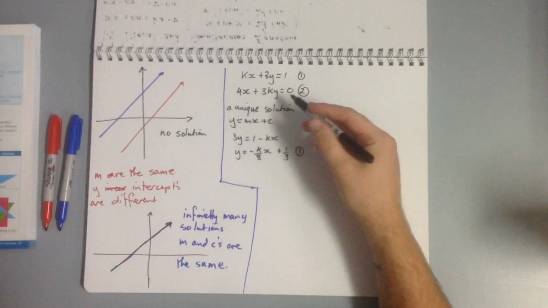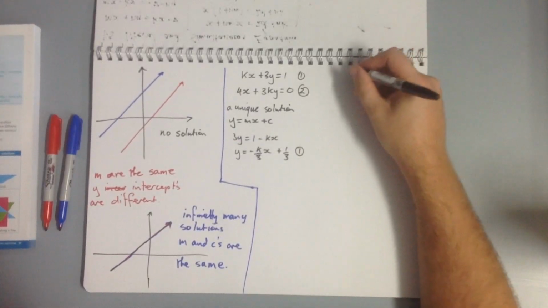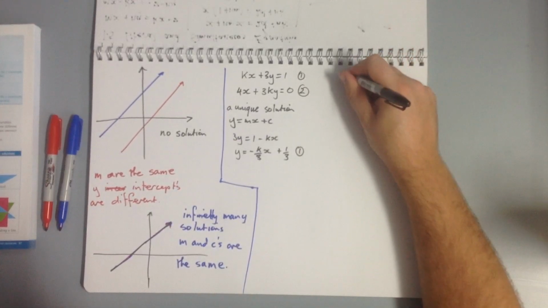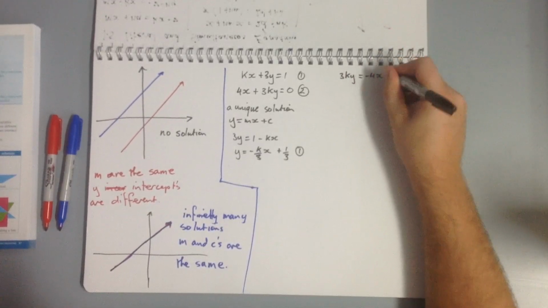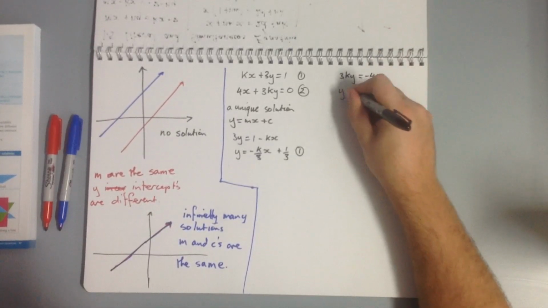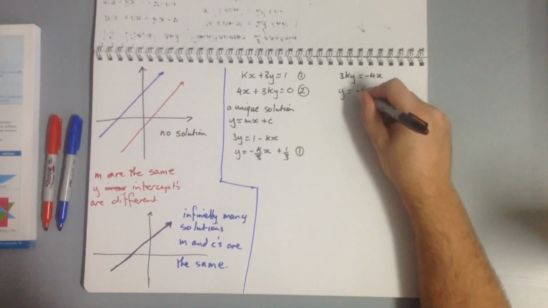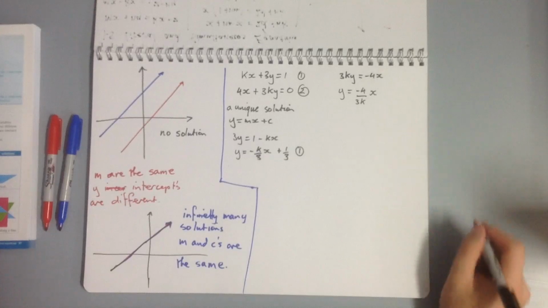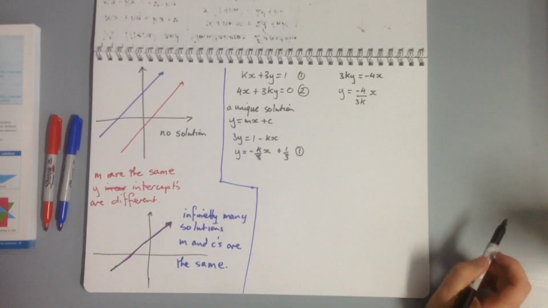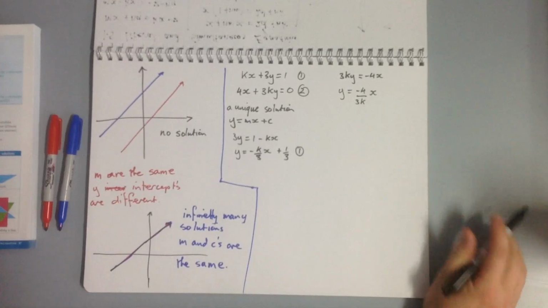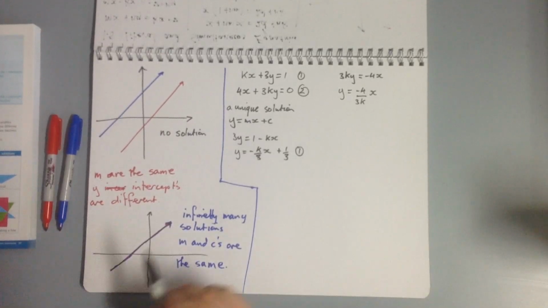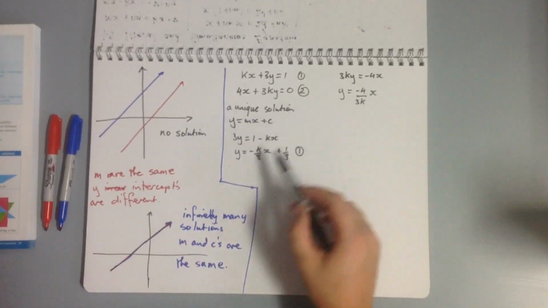Okay, we're going to do that now to our equation 2. So this time we're going to say, well, we've got 3ky equals negative 4x. So y equals negative 4 on 3k x. Okay, so sorry, we're not going to have a unique solution when our gradients are the same.